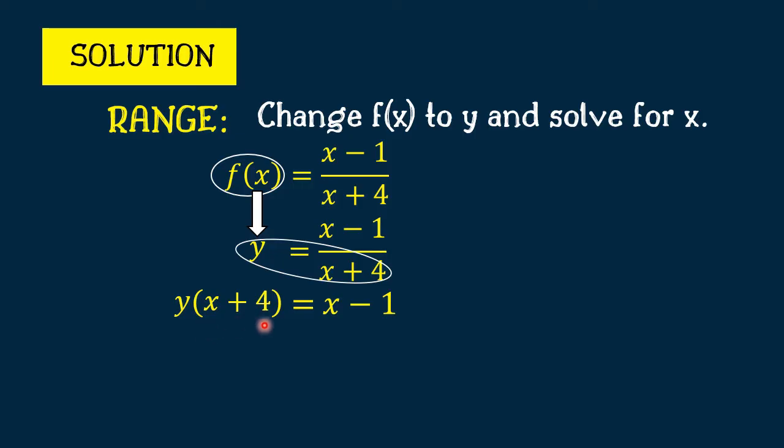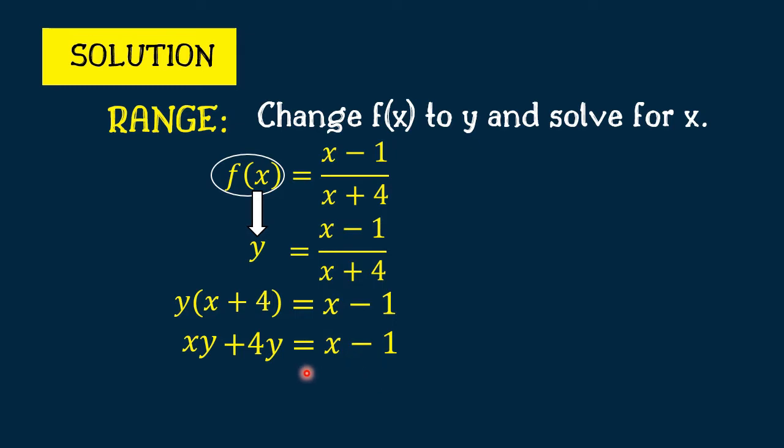Next, we have to simplify this part of the equation using the distribution property of multiplication. To do that, simply multiply y times x, and that is xy, y times positive 4, and that is positive 4y. Simply copy equals x minus 1.